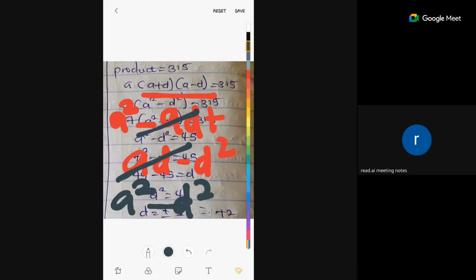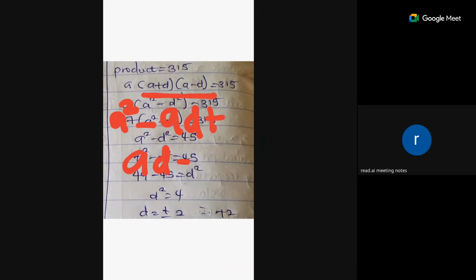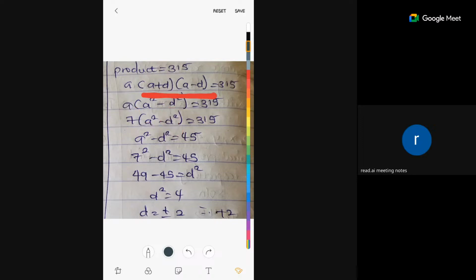So that is how we got this. So after I simplify the A plus D and A minus D in brackets, the one A is still outside, because we are trying to multiply the three together.